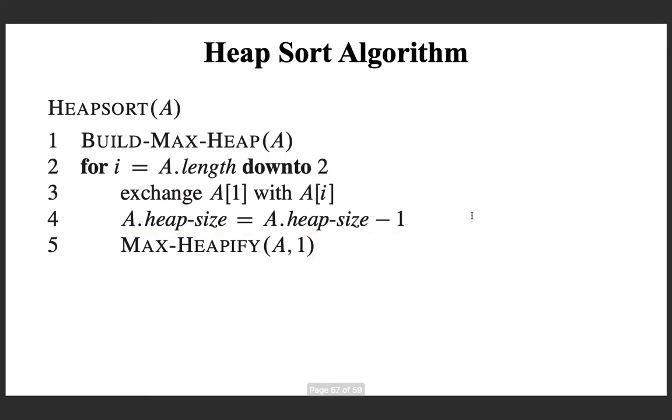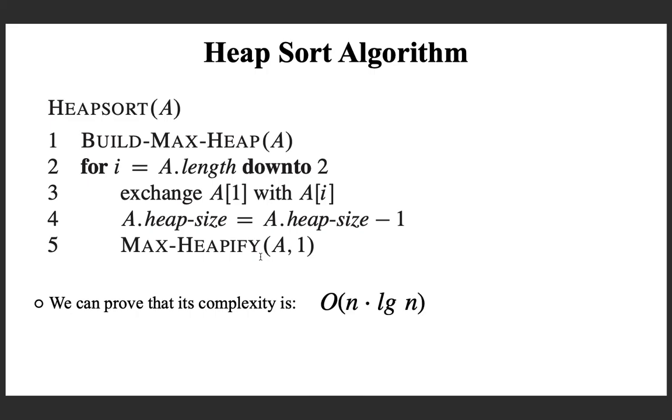So that is the algorithm. And if you want to look at the complexity, you can easily observe that n times you are calling max heapify, whose complexity is log n. So the complexity of the heap sort algorithm is in the order of n log n.